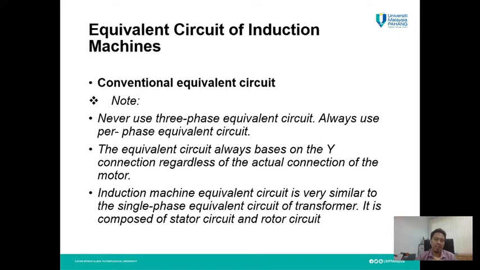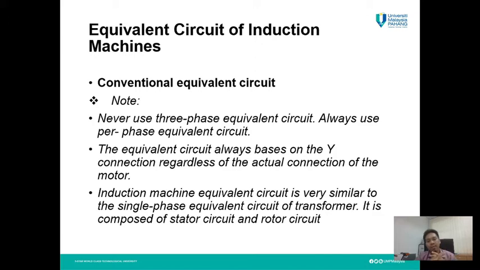Number two, the equivalent circuit is always based on the Y connection. Even though the actual connection is delta, the analysis or derivation is based on the Y connection.